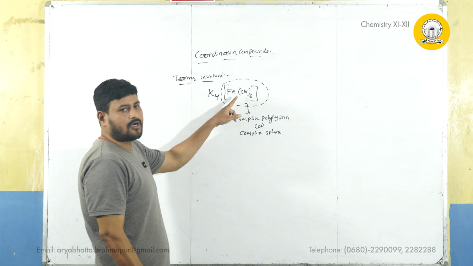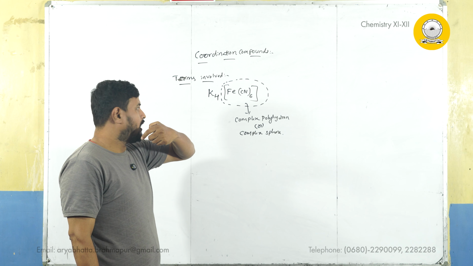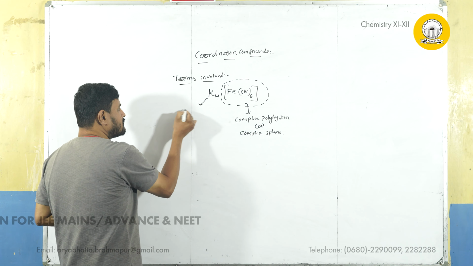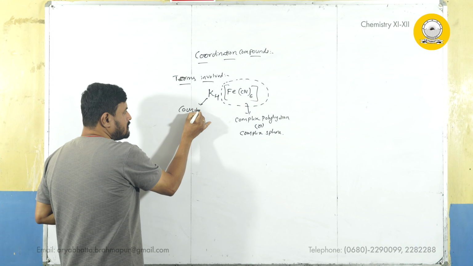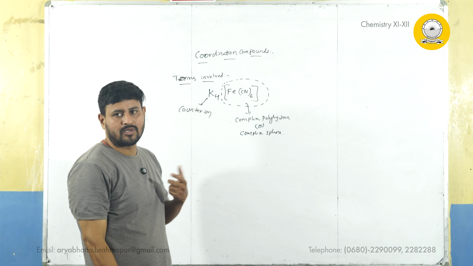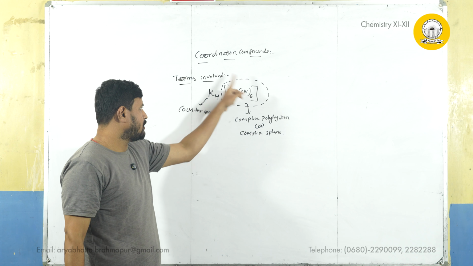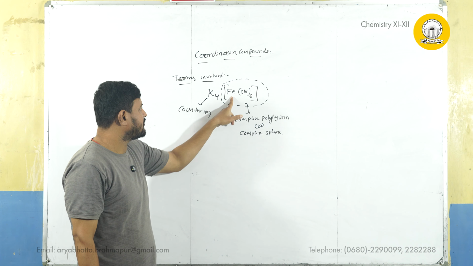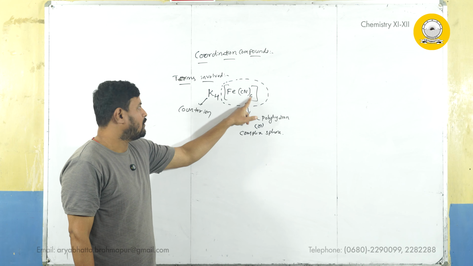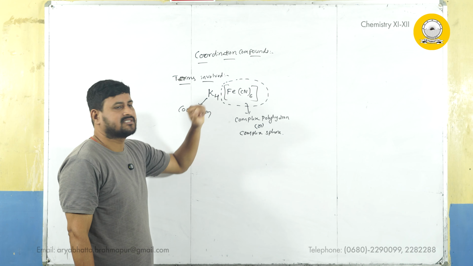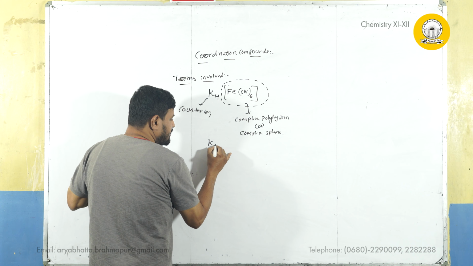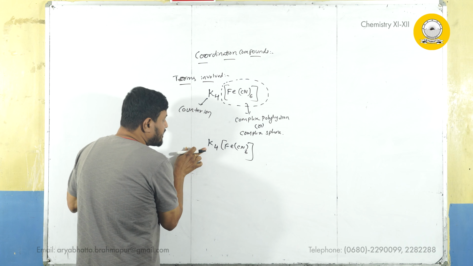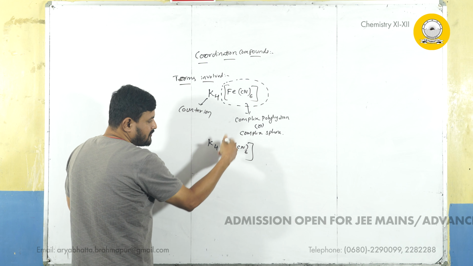And then the ionizable part, K plus, is known as the counter ion. In the complex polyhedron, again iron is there, cyanide is there, 6 is there. What is the iron? What is the cyanide? What is the 6? In K4[Fe(CN)6], this is the counter ion and this is the complex sphere.